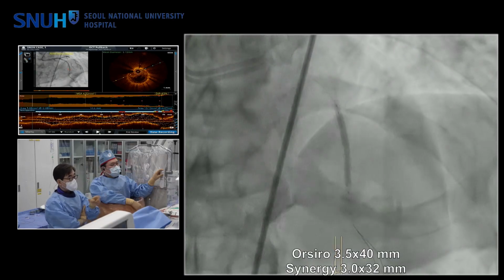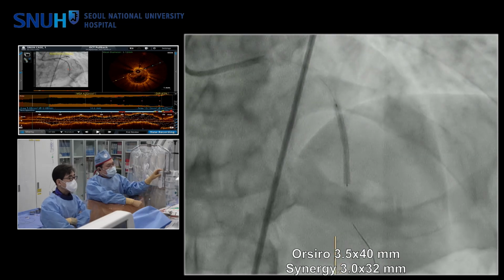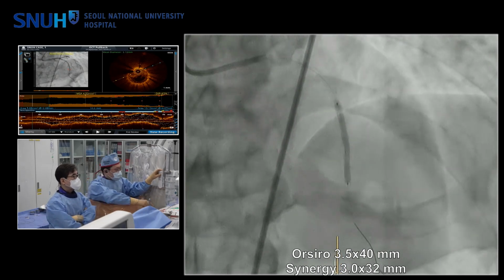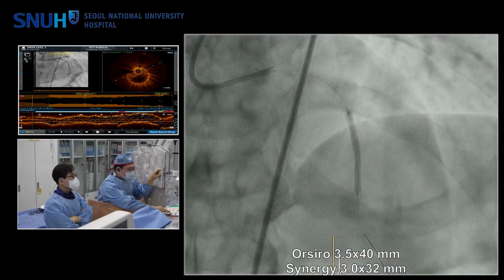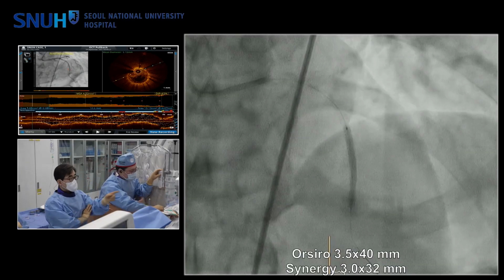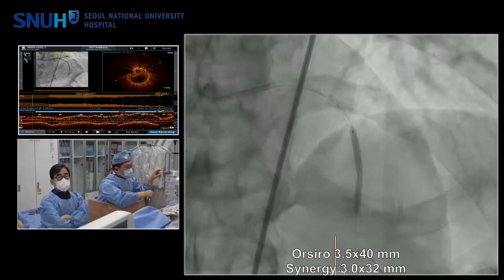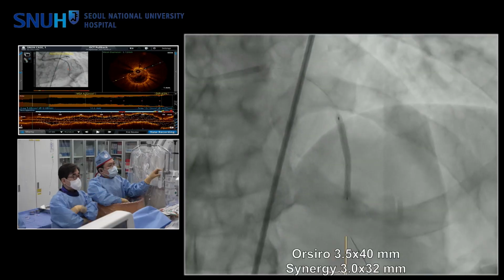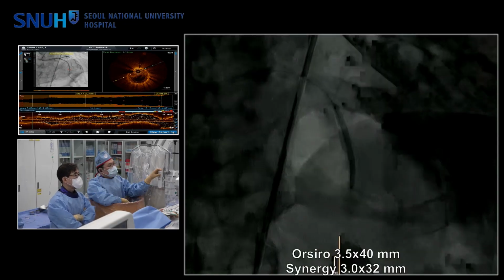We can see that there is an indentation. At what pressure? 12 atmospheres. Then we increased the pressure up to 18. Still some indentation.